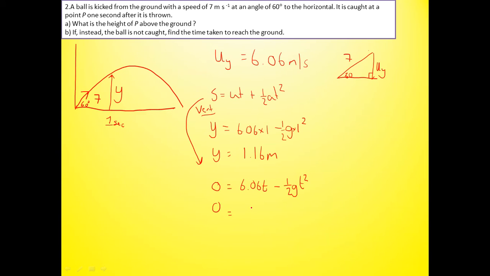So we can factorize it by taking out the common t, which means it's t times (6.06 minus 4.9t), which means that either t equals 0, which should make sense because it's at the start, it was there, or we can solve this, so we end up getting 6.06 divided by 4.9, which gives us an answer of t is equal to 1.24 seconds. So 1.24 seconds is the answer for the last bit.